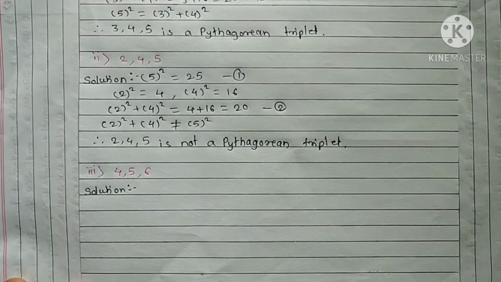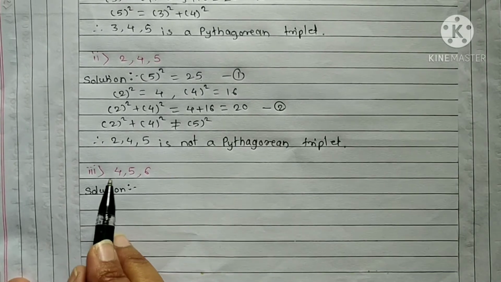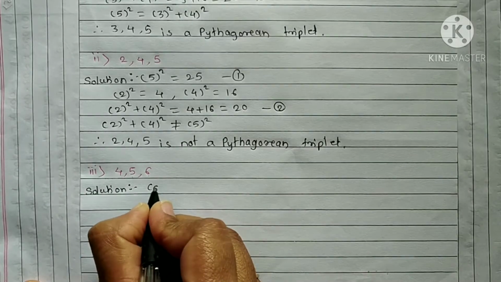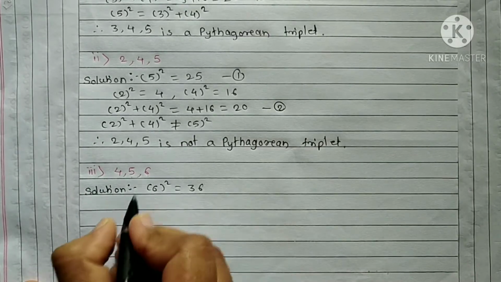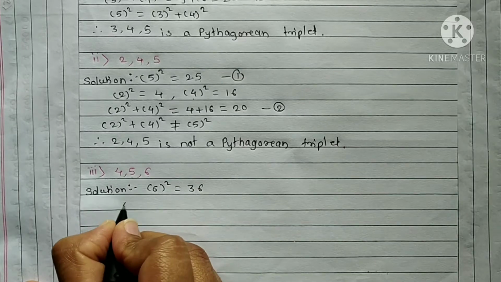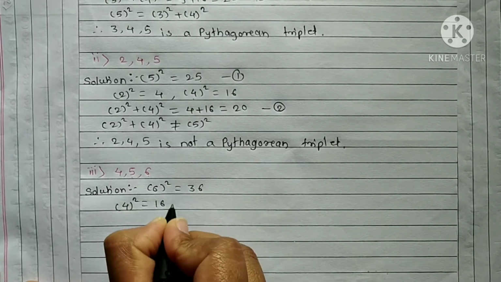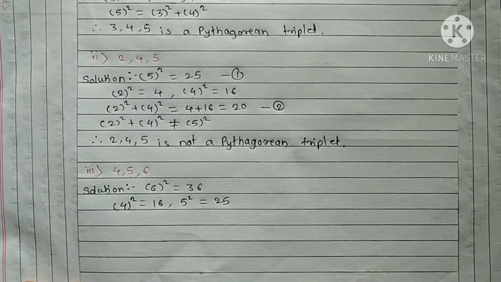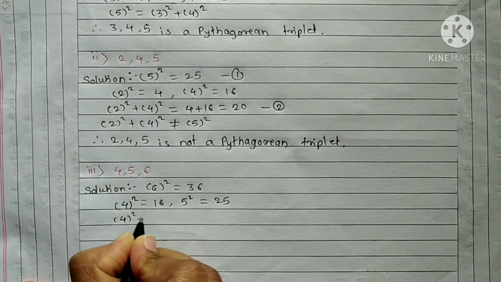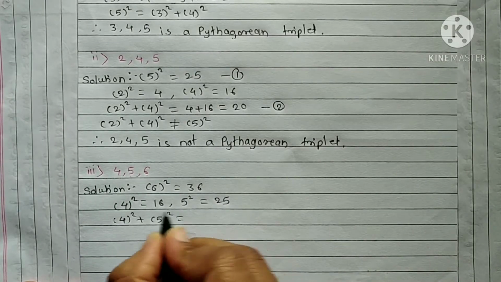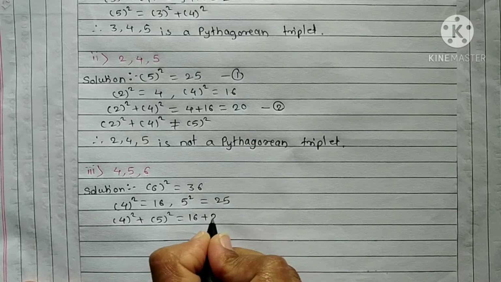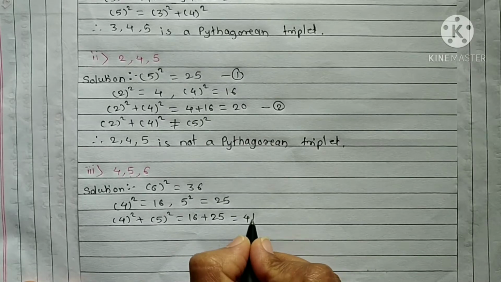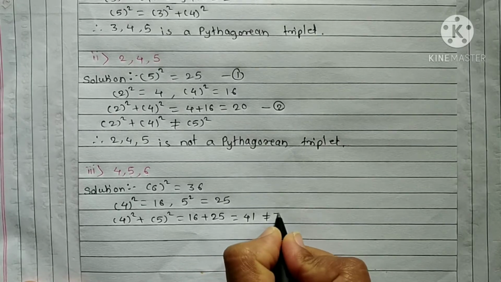Now see next. Next is 4, 5, 6. Let's see the solution. Here the biggest number is 6, so 6 square equals 36. Now the squares of the remaining two numbers: 4 square equals 16 and 5 square equals 25. Now 4 square plus 5 square equals 16 plus 25, which equals 41, which is not equal to 36.